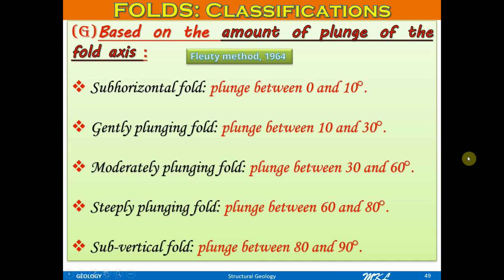Now based on the amount of plunge of the fold axis, you can also classify depending on the Fleuty method. Fleuty's method is very much applicable to understand which type of fold it is. Suppose you have a fold structure or fold photograph, or you did some structural mapping. From there you can understand which type of fold it could be using the Fleuty method.